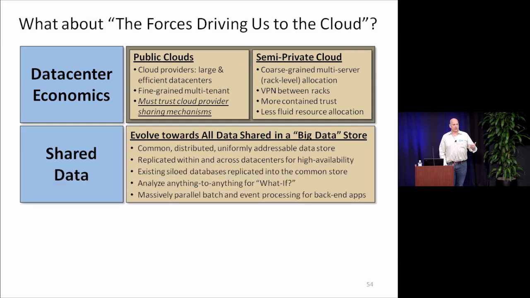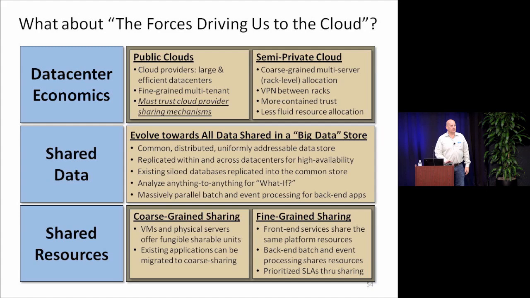Shared data. It's clear to me we are going to evolve towards all data in a big data store within one enterprise trust environment, because there's so much money in comparing and contrasting and learning from the data. Shared resources. We can have coarse-grain sharing, much like you see with Amazon AWS.